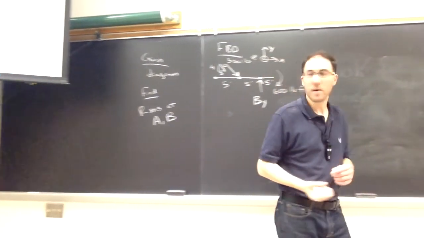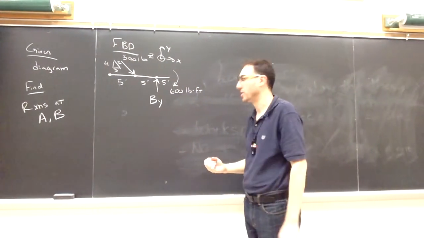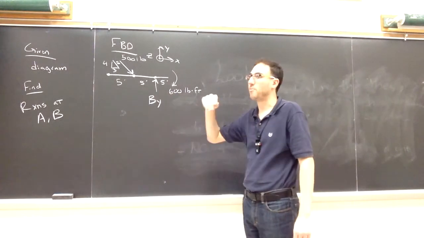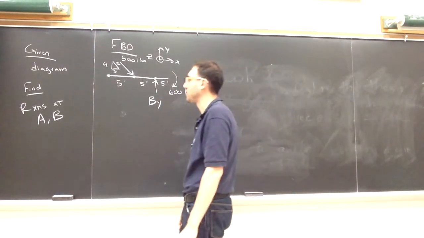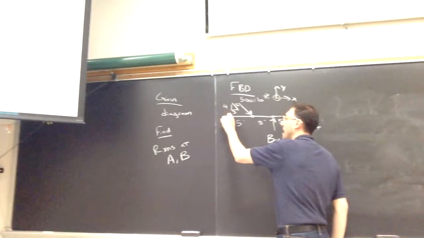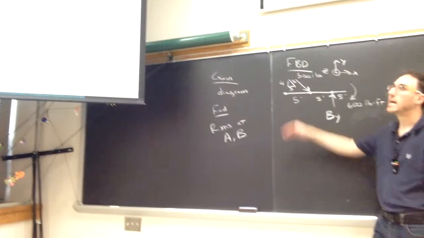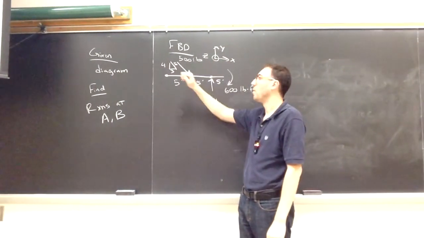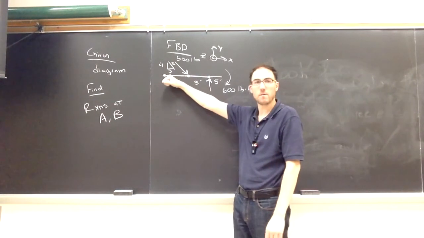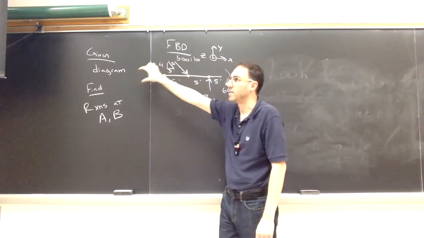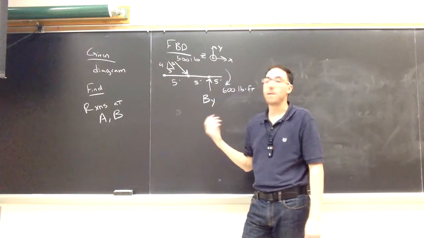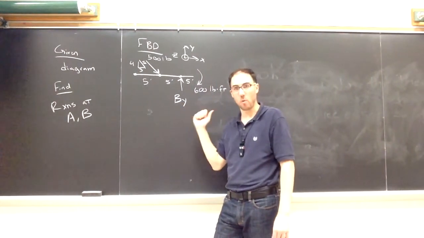Now the other support is A. We have that pin reaction. Again, we have a picture of it previously, but we'll go through all the exercises here. At this point A, we want to think, can the beam move left or right when that pin is there? Right, we can't move it left or right. It prevents motion to the left or to the right.